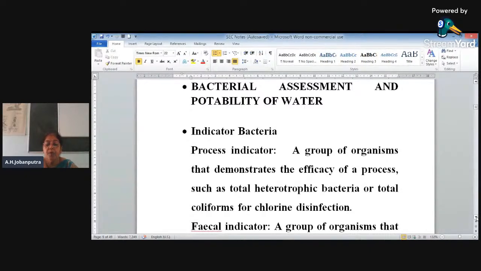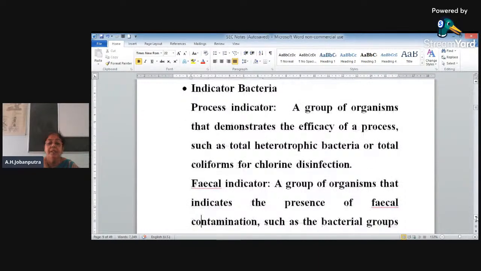But as a microbiologist, it is necessary to know which type of water is actually free of pathogenic organisms, and what indicator will tell you that this water is safe for drinking. So as a microbiologist, you should have knowledge about this. Now, the indicator bacteria will give you an indication whether the water is good for drinking or not.